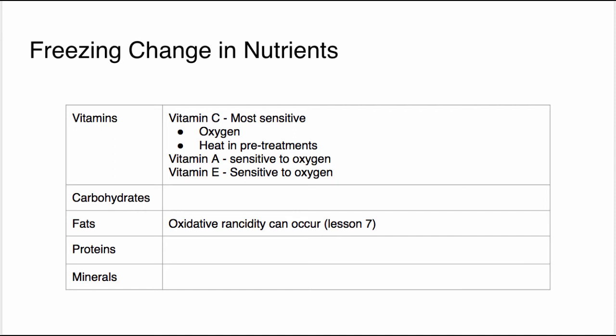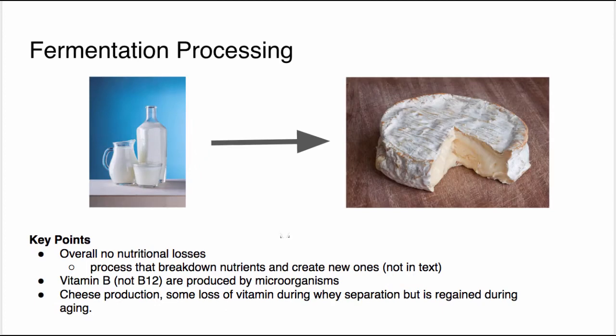And of course, we've got the heat sensitivity of vitamin C during any pre-treatments. So vitamin A and E can also be oxidized, so we can see a loss in those. And fats we want to be concerned about for oxidative rancidity as well. So in freezing, we're mostly concerned again about that pre-treatment as well as exposure to oxygen.